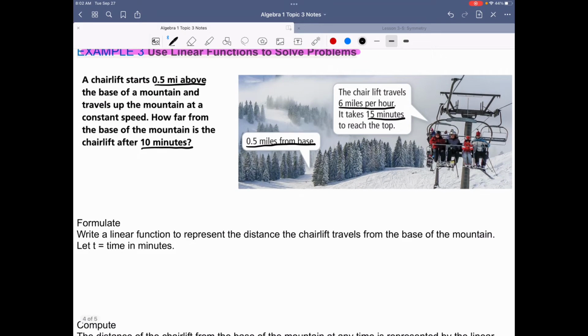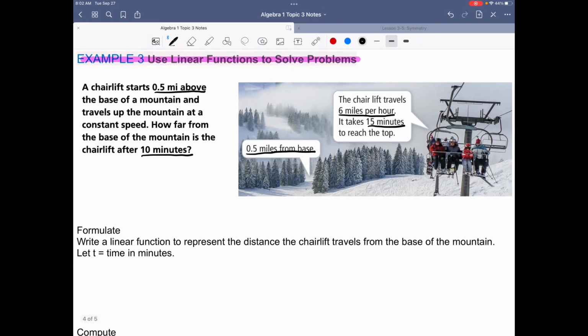So for this word problem, we will need to first formulate. That means writing a linear function to represent the distance that the chairlift travels from the base of the mountain. And we will also let t equals time in minutes.